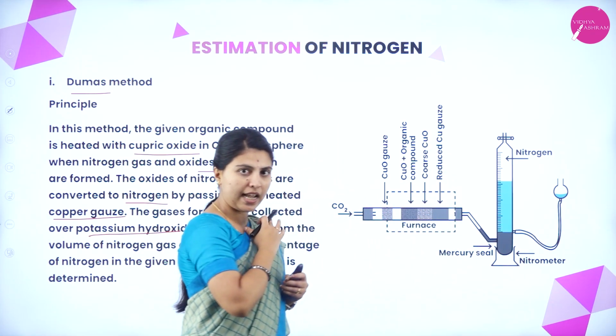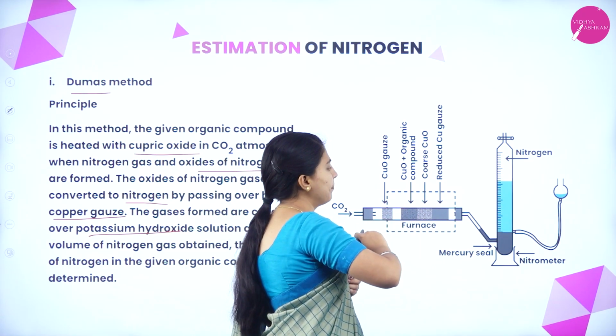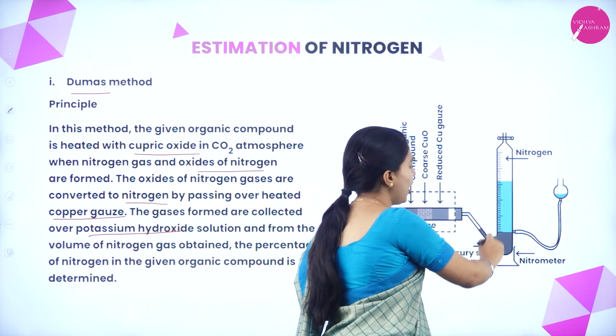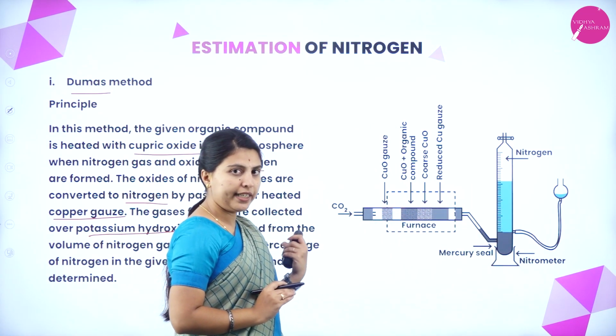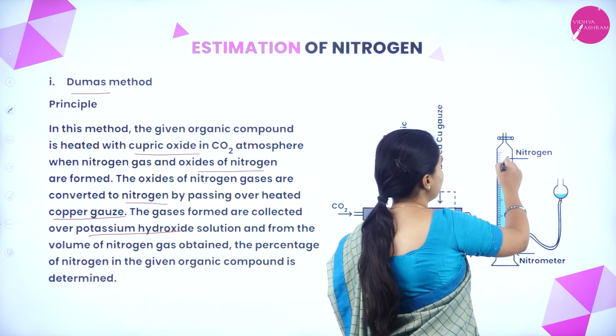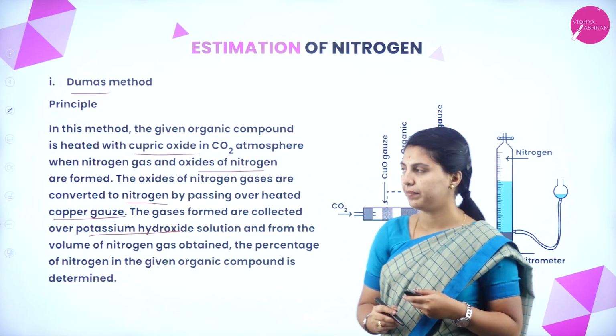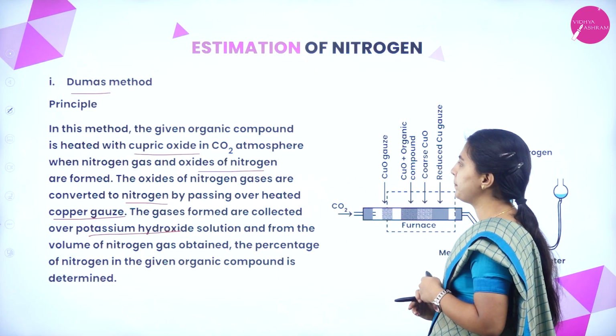After that, the gas will be heated over the copper gauze, and the gases produced over the heated copper gauze will be present here. By this nitrometer, the nitrogen will be estimated. This is the principle.